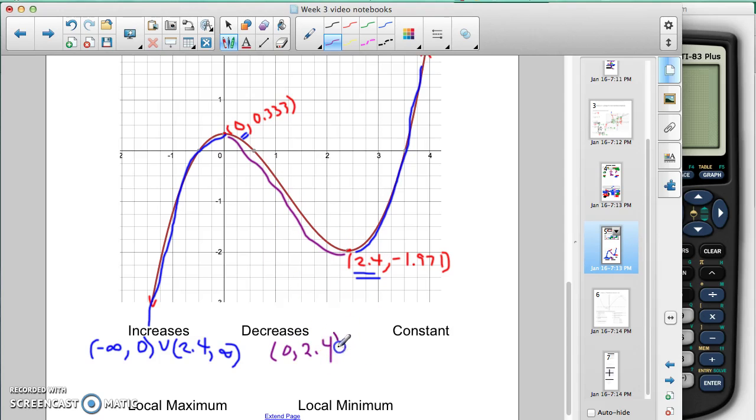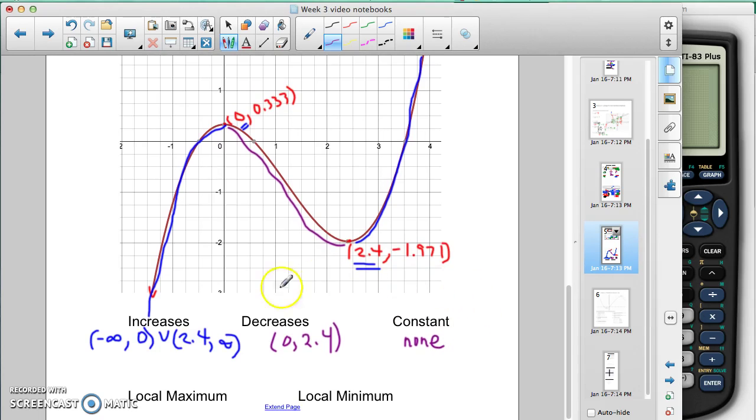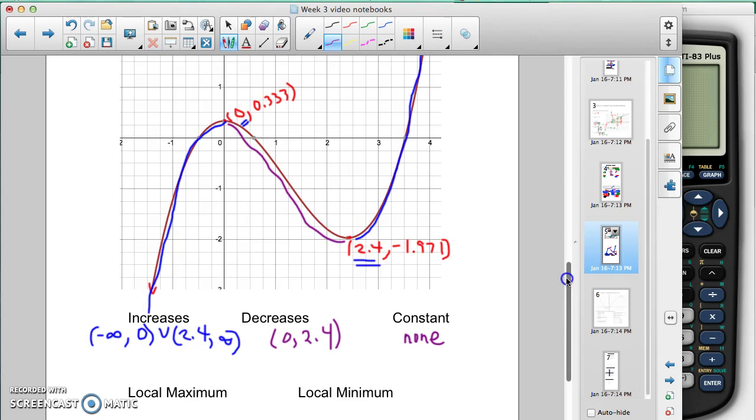Now constant means it's flat. I don't see any flat, so there are no constant values.